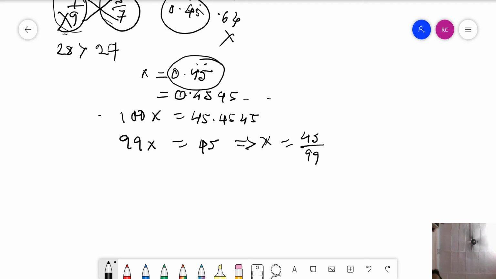So this value is 45 by 99, and 3 by 7 would be equivalent to about 42 by 98.